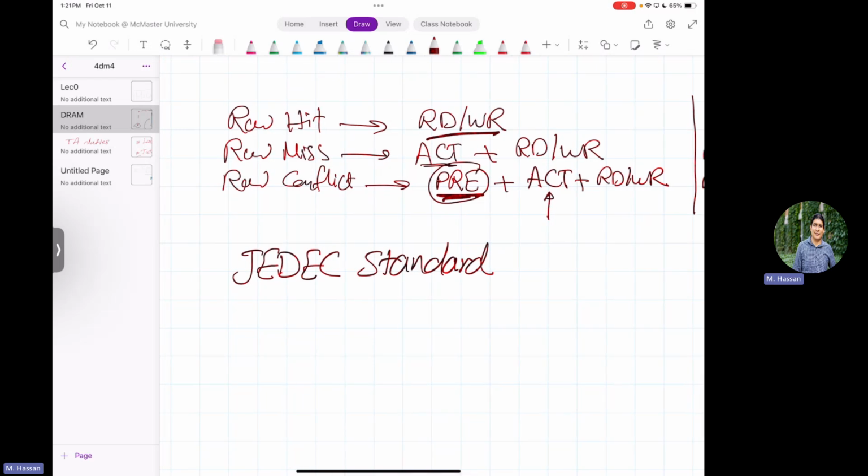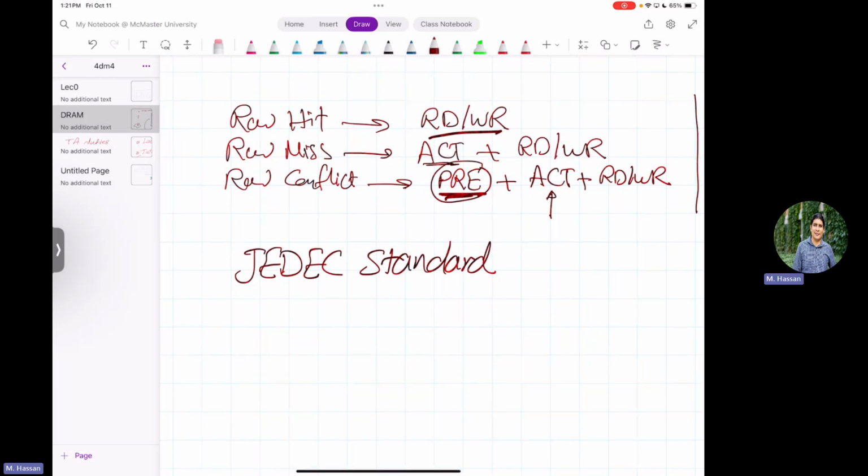So the memory controller is the one that has to satisfy the standard requirements to make sure that you are sending the right commands to the DRAM. Because once you send a wrong command, you either have data corruption or the DRAM will go out of sync. So the memory controller is the one maintaining this correctness, and that's why we said the memory controller is the brain of the main memory system, okay?